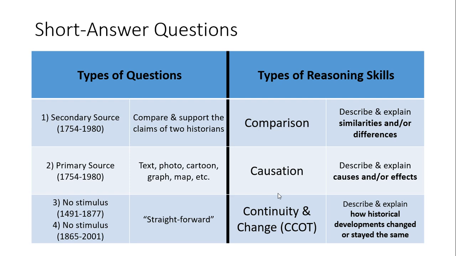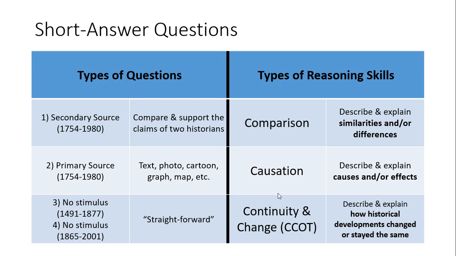And notice that those words are plural. No event in history has a singular cause or a singular effect. There are many, many, many. So our job is always to be able to discuss several, but we want to do both. We want to look at both ends of this.